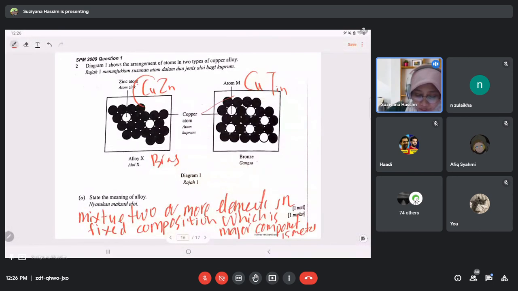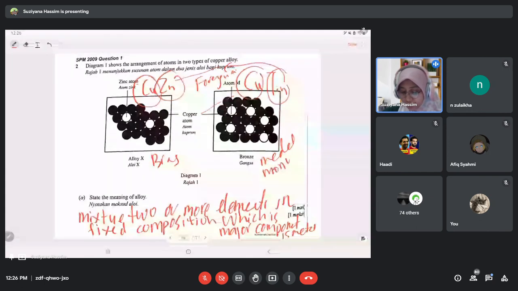It is a major component. This one we call foreign atom, the atom asing of the mixture. Bronze is for the medal, for monuments, like Tugu Negara. Brass is for the kitchen, kitchen utensils.